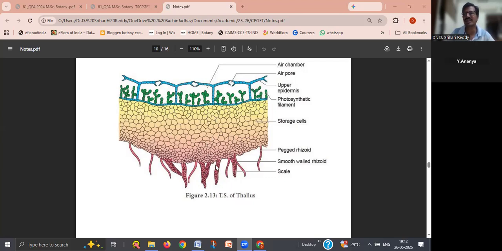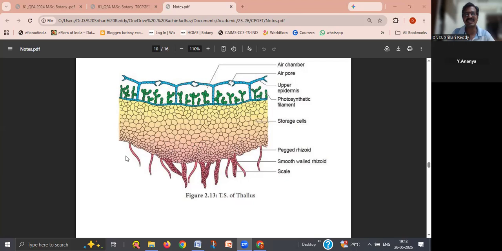Scale leaves, they protect. The main purpose of the scale leaves is the protection of the thallus. The main function of the rhizoids is to absorb water and minerals from the soil. The lower part of the thallus is called the ventral part and it has both the scale leaves and rhizoids.